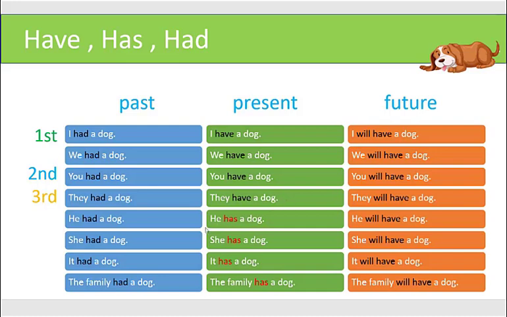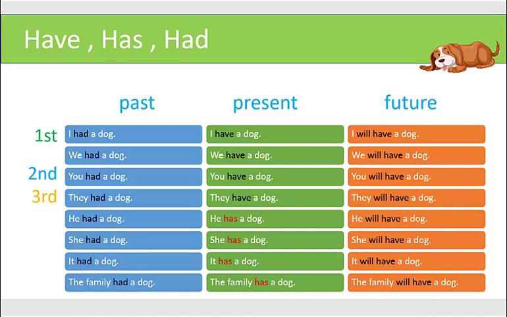But when we look at the singular, it's he has a dog, she has a dog, it has a dog, the family has a dog. Now looking at the future tense, I will have a dog, we will have a dog, you will have a dog, they will have a dog, he will have a dog, she will have a dog, it will have a dog, the family will have a dog.